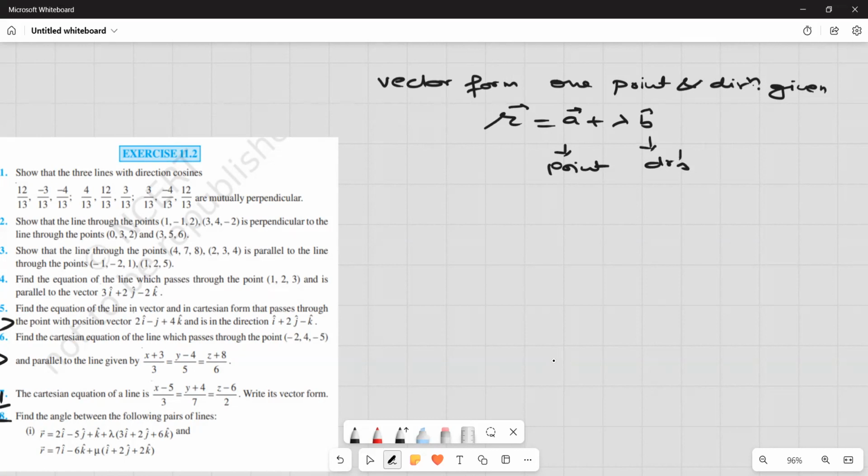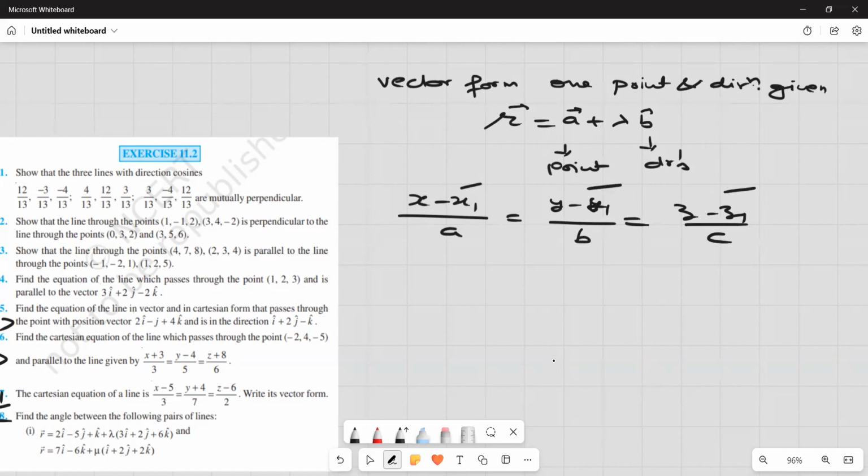So if I want to write it in the Cartesian form, it will be (x − x1)/a, (y − y1)/b, (z − z1)/c. Here x1, y1, z1 is this vector a, and a, b, c is this vector b. Clear?